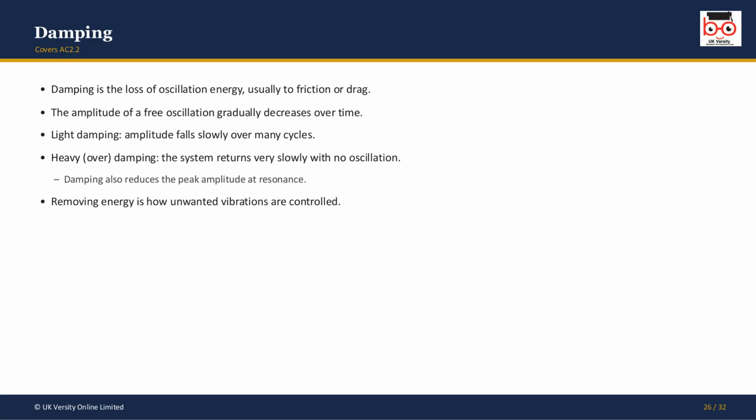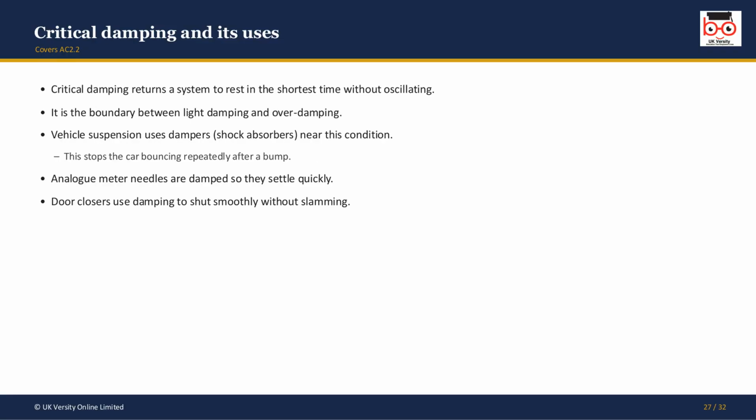Damping also cuts down the peak amplitude at resonance, and this removal of energy is exactly how unwanted vibrations are brought under control. There's one particularly useful case, critical damping, which returns a system to rest in the shortest possible time without any oscillation. It's the boundary between light damping and overdamping.